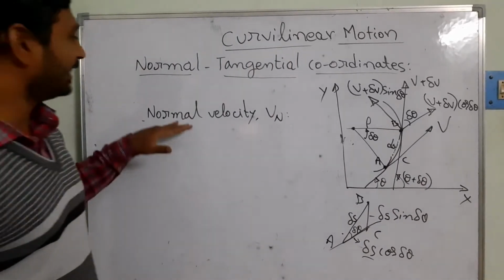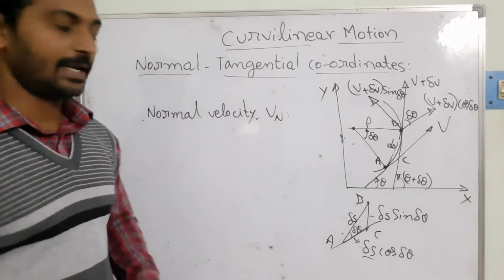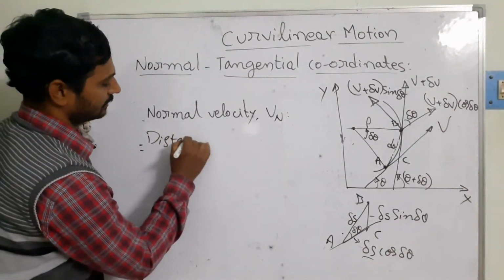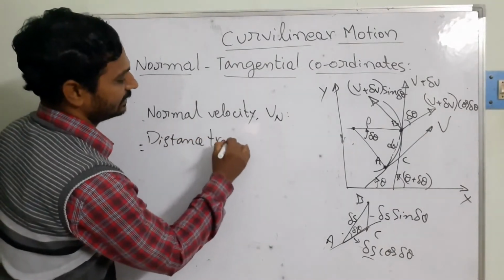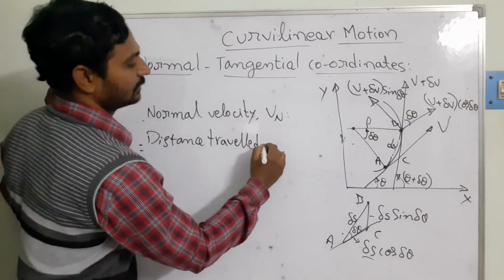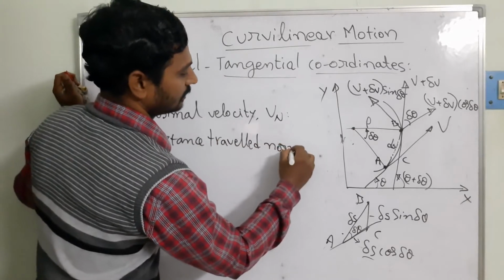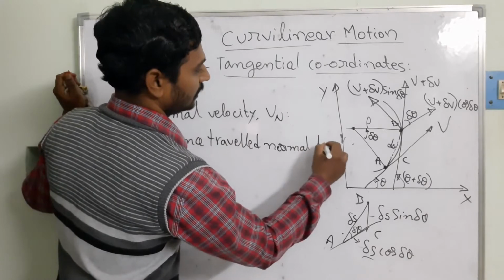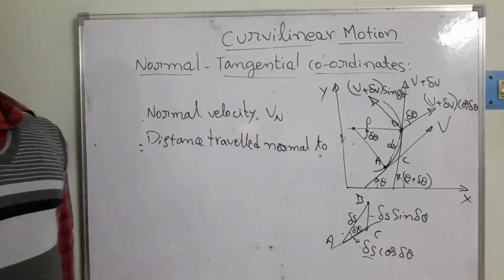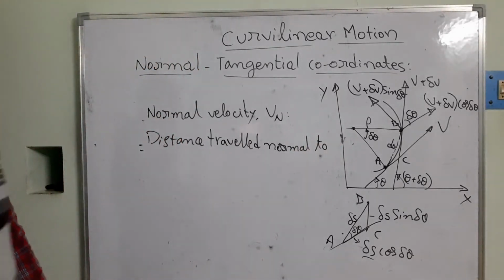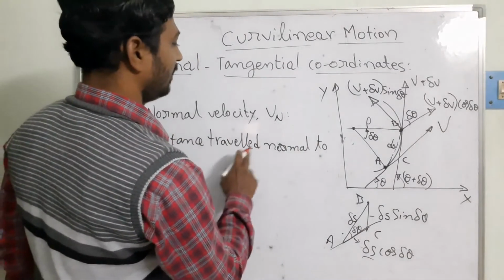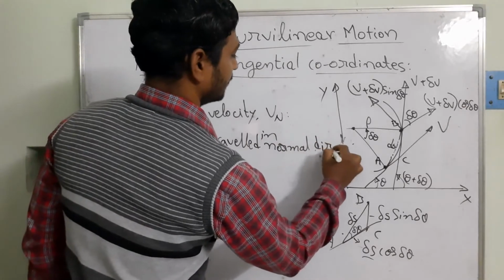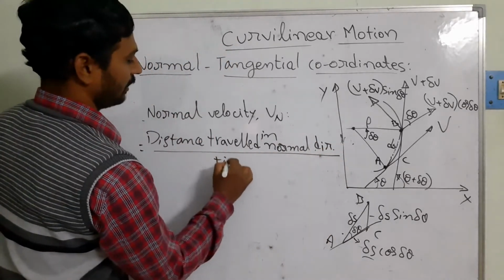So now we are finding the normal velocity of that particle. That is equal to the distance traveled in the normal direction divided by the time interval.